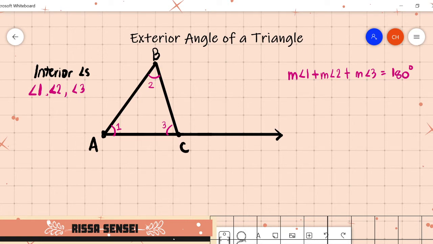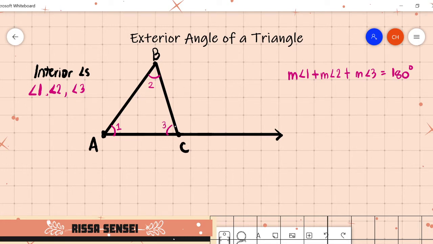Ngayon, alam na natin kung ano yung interior angle. Ano naman ang exterior angle? So if one side of the triangle, or two more sides of the triangle, is extended, na-extend kagaya nito, magkakaroon ng angle outside, which is adjacent to one of the interior angles ng ating triangle.